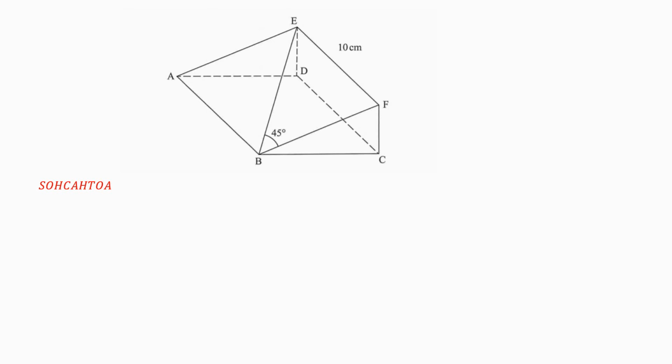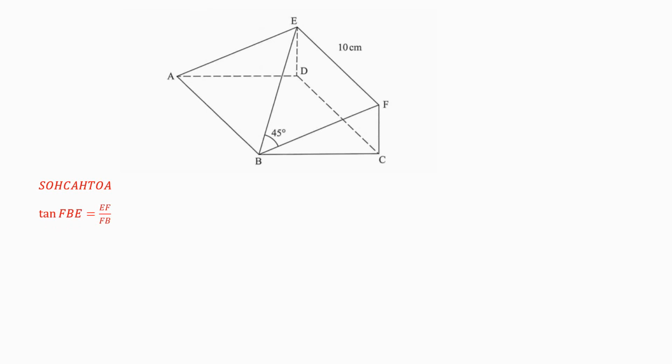So the first step is to find the length BF, and in relation to angle FBE, our BF will be the adjacent and our EF is the opposite. So we are going to use the tangent function.